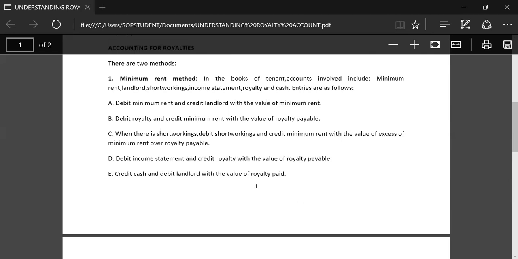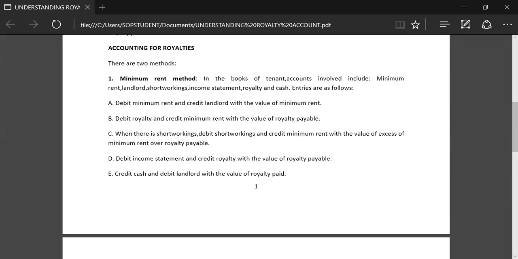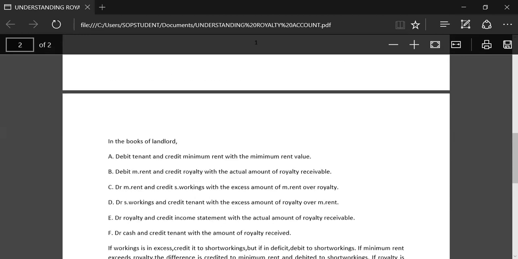For the minimum rent method, the books involved include the minimum rent book, the landlord, short workings, income statement, royalty, and cash.